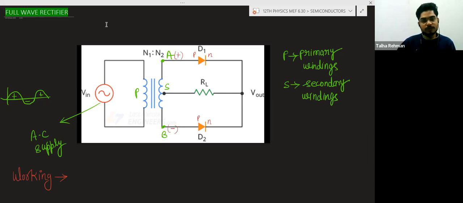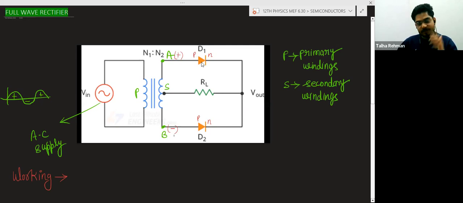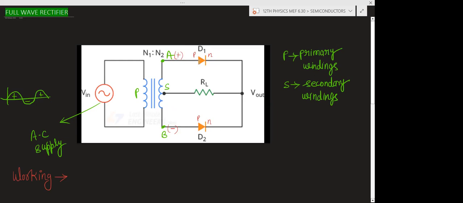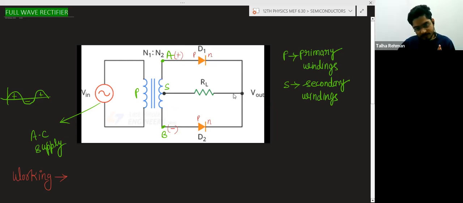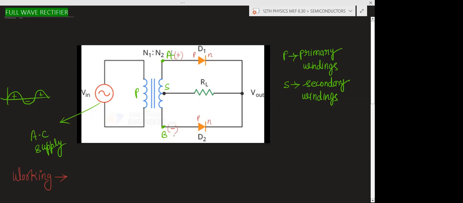Now for this diode D1, positive is connected with P and negative is connected with N. So is this diode forward wise or reverse wise? Forward wise. So this diode will conduct the current, which means the current can flow through this circuit. But at the same time this end is negative and this end is positive.